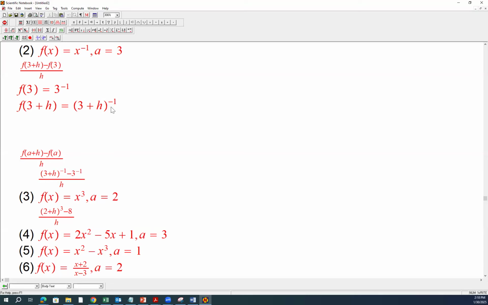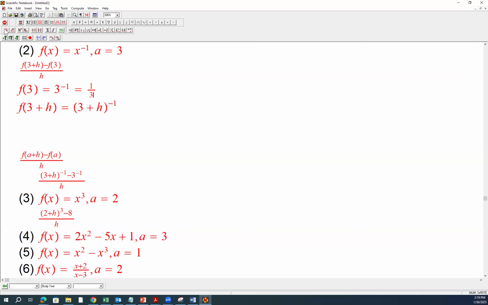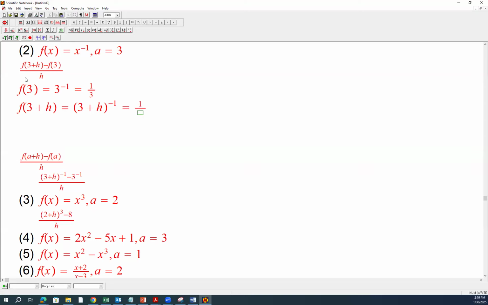It looks like we cannot reduce further, but be aware 3 to the power of negative 1 is really just 1/3. 3 plus h to the power negative 1 is really 1/(3 plus h). How do we know that?